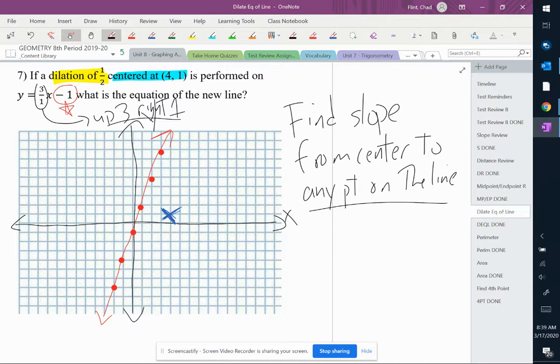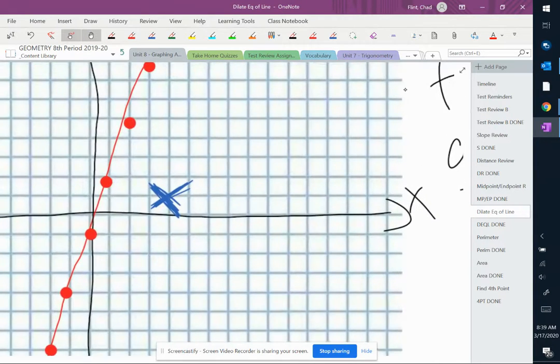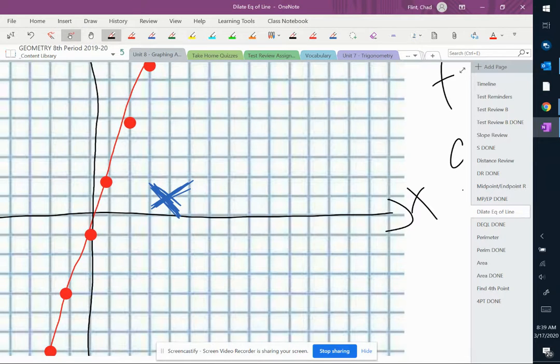I'm going to write it down. I'm going to go to the closest point to make my life a little easier. So I'm going up 1, left 3.